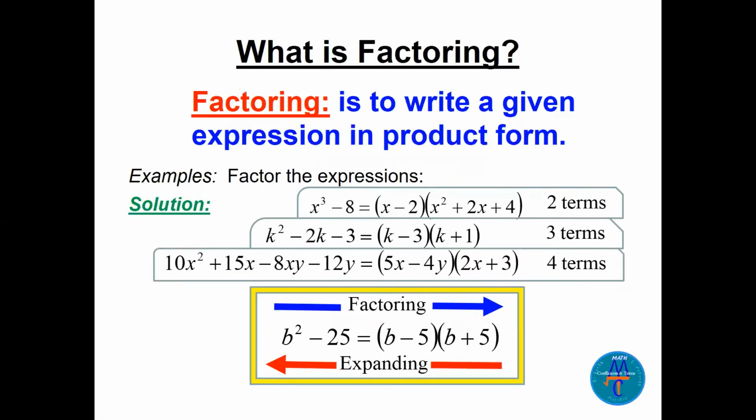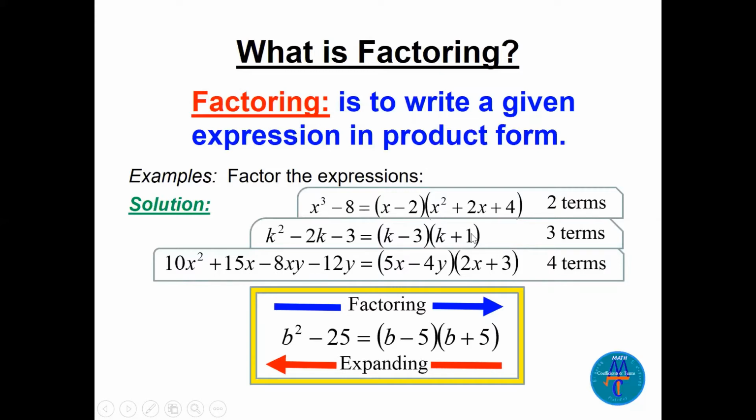Now, just to remind you also, what is a factoring? A factoring is to write a given expression in product form. We have to write all the expression, like x cubed minus 8, like this, 3 terms like that, 4 or more.